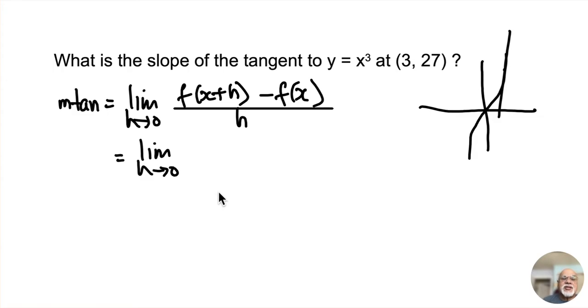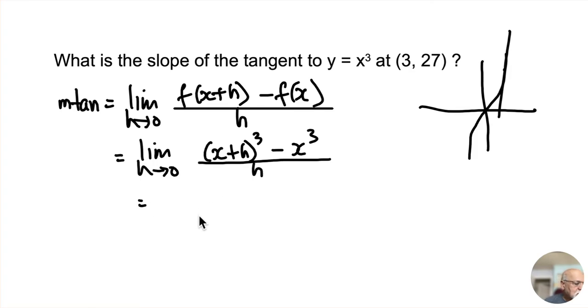So what is f of x plus h? Well, that would be x plus h cubed minus f of x, so that would be x cubed, all over h. And what does that become? Well, the limit as h goes to 0.